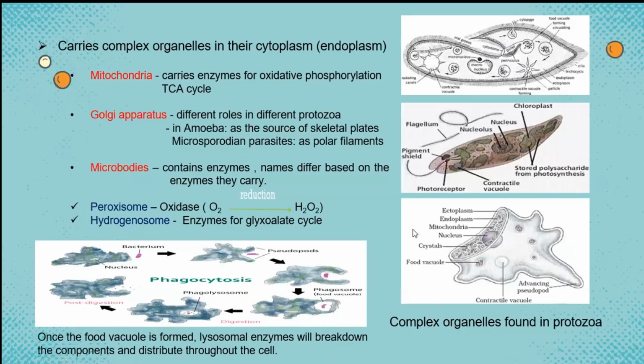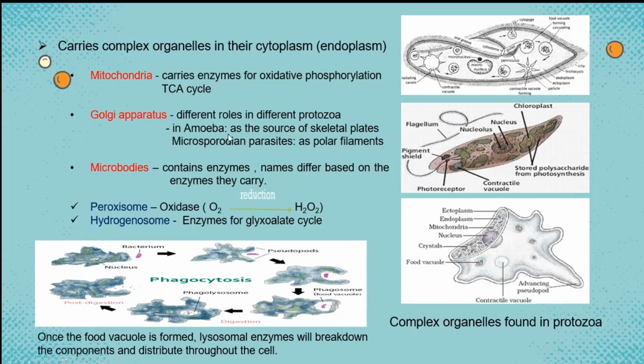Okay, next. So this shows the complex organelles they carry in their cytoplasm or endoplasm. Okay, the first one, mitochondria. It carries enzymes for oxidative phosphorylation and the TCA cycle. For the Golgi apparatus, it has different roles in different protozoa.